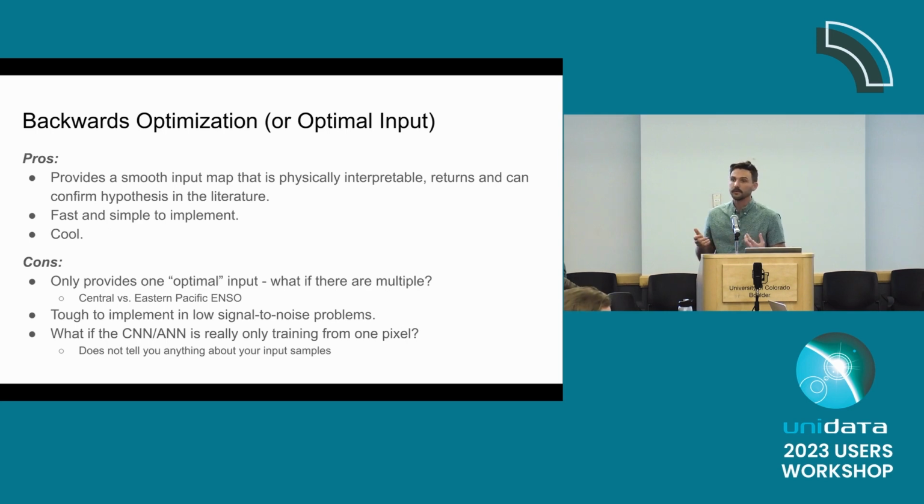Maybe that means you can start to use methods to make sure your network is more generalizable, as in dropout, some of these regularization methods that will spread the input across multiple features. So in that case, it really wouldn't tell you something about your input sample space. It wouldn't construct a full physical domain, but it will really just leverage what the network uses. So you can start to make choices within your network to maybe fix that last point a little bit.